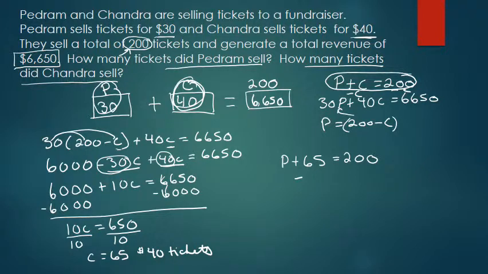I subtract 65 from both sides. So I get that P is 135. And again, that goes with the $30 ticket. So this is how many tickets Padram sold. And he sold 135 $30 tickets.